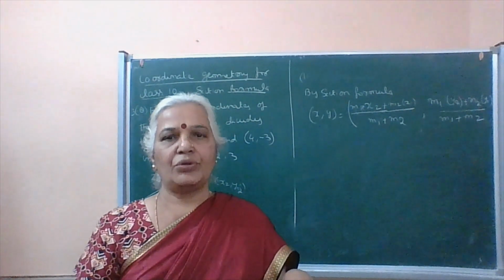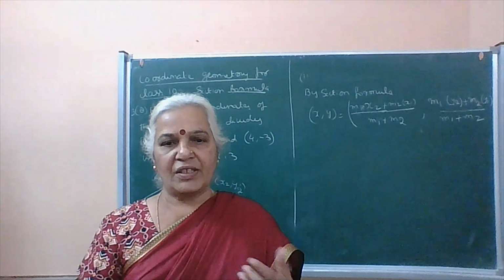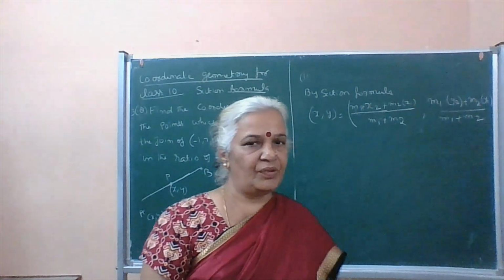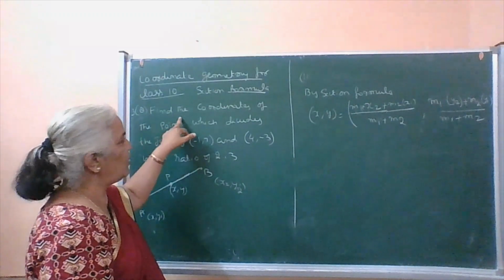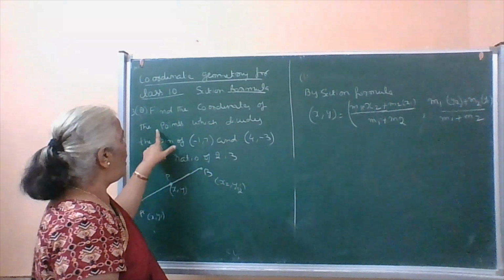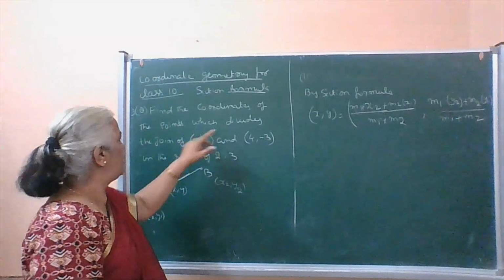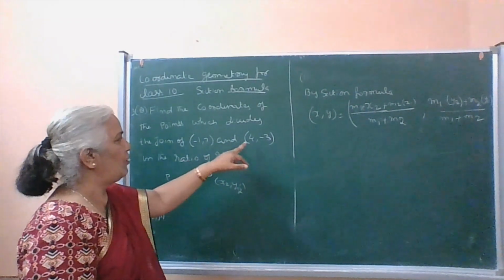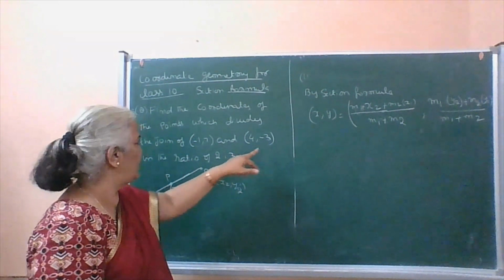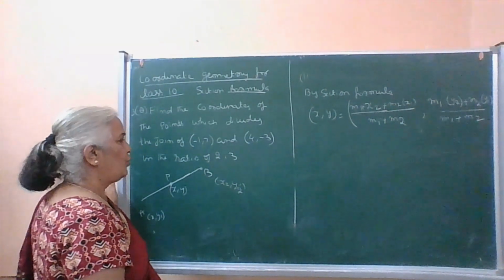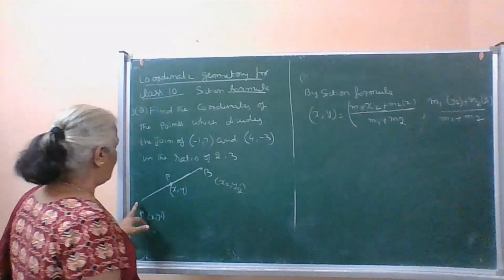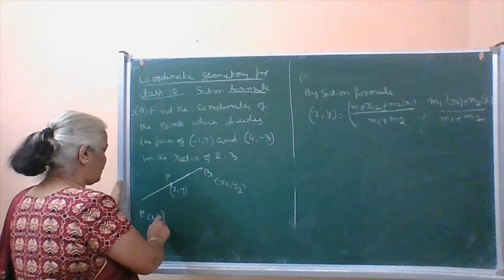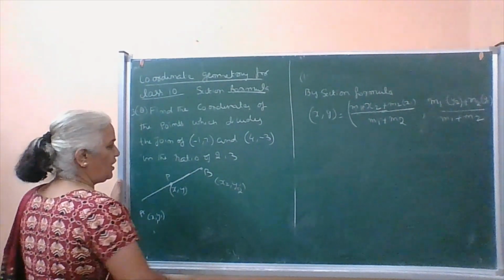Now we are going to solve one sum from the exercise related to the section formula. Find the coordinates of the point which divides the join of (-1, 7) and (4, -3) in the ratio of 2:3. Here you know AB is a line segment and coordinate of A is x1, y1 and coordinate of B is x2, y2.